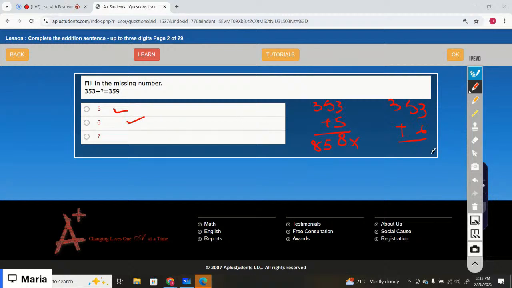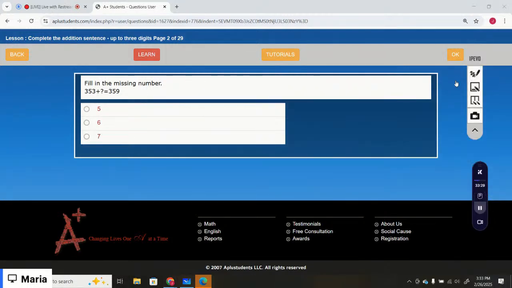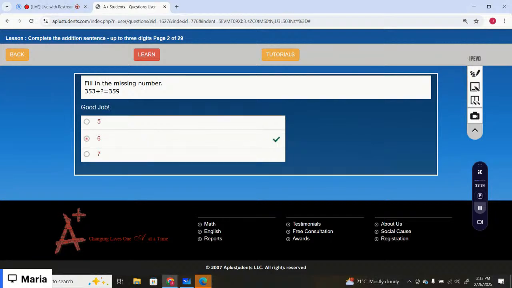That is 6, 7, 8, 9, 5 and 3. That is 359. Option number 2 is the correct option. When you add 6 to 353, that makes 359.